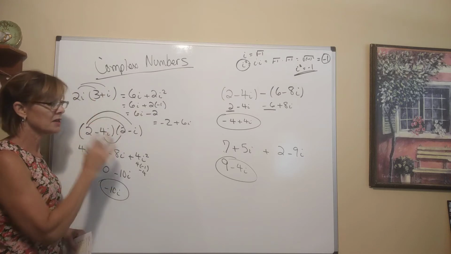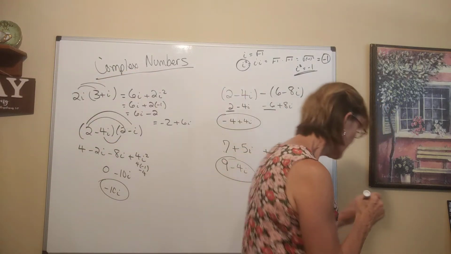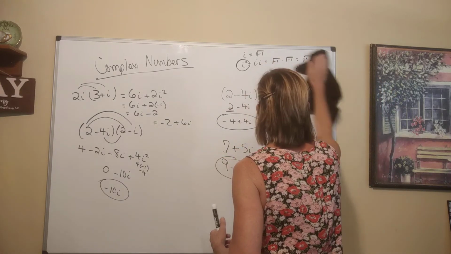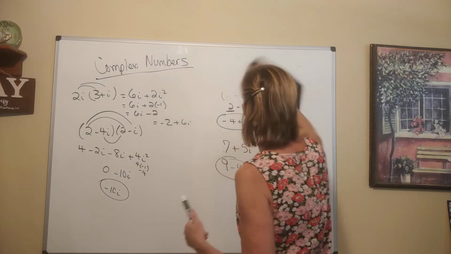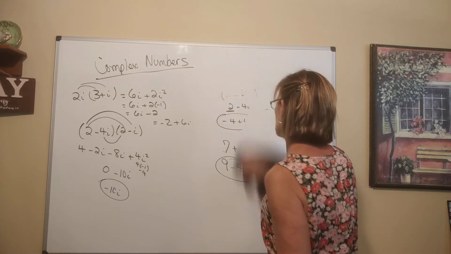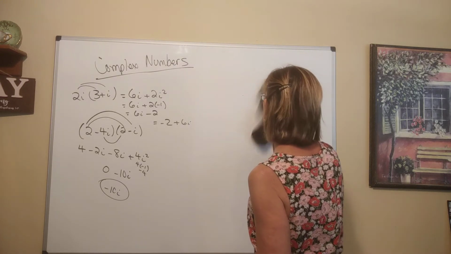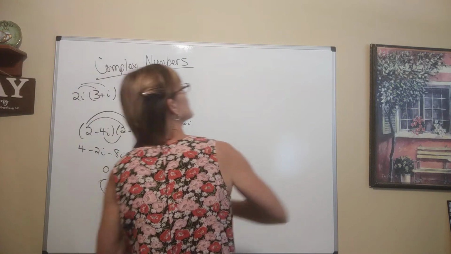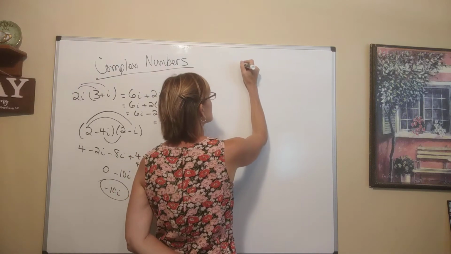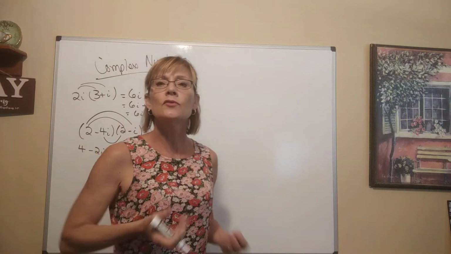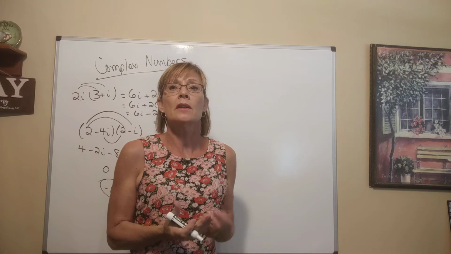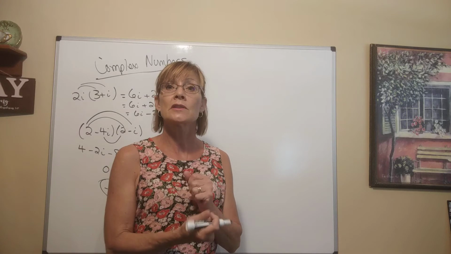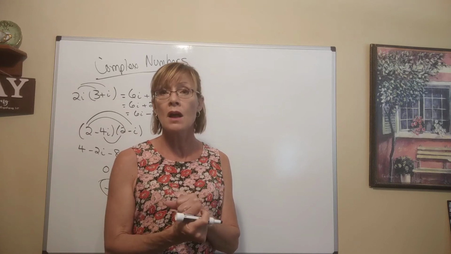So that's multiplication. Now, here is something important, and we saw this before with radicals. Complex numbers and radicals sort of go hand in hand in so many ways. We can talk about division of complex numbers. Division of complex numbers basically means get rid of the imaginary part in the denominator, same as radical numbers. Division of radical numbers means get rid of the square root or cube root in the denominator.